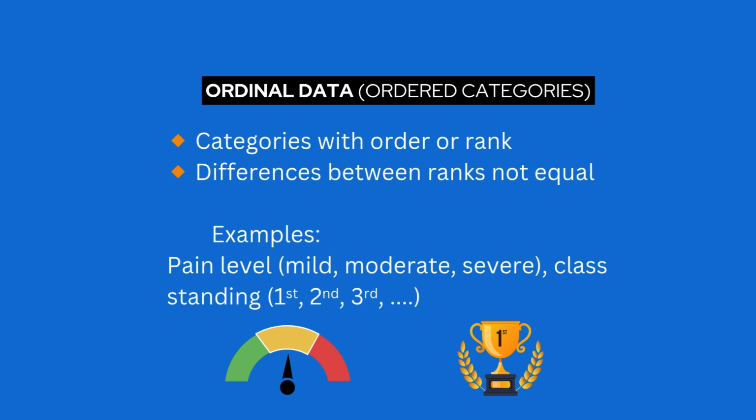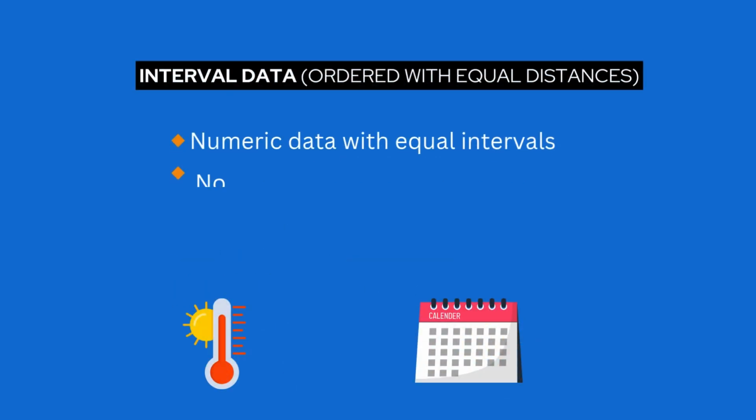With ordinal data, you know the exact order, but you can't say exactly how much higher or lower one is compared to the next.